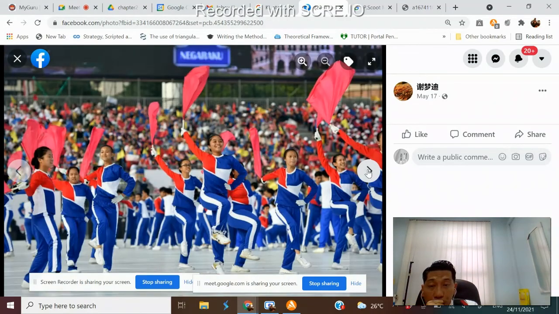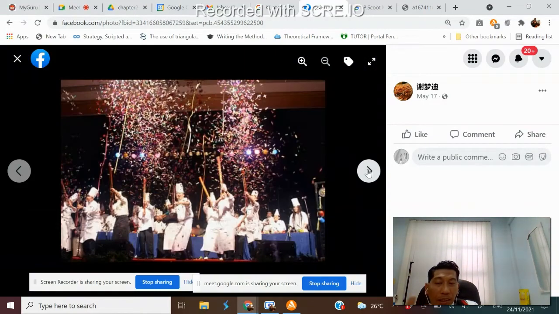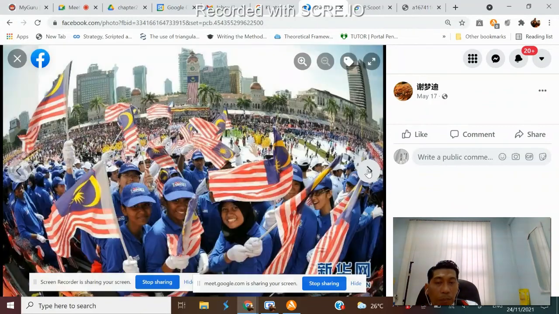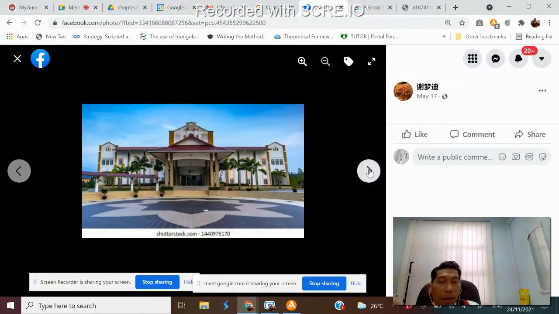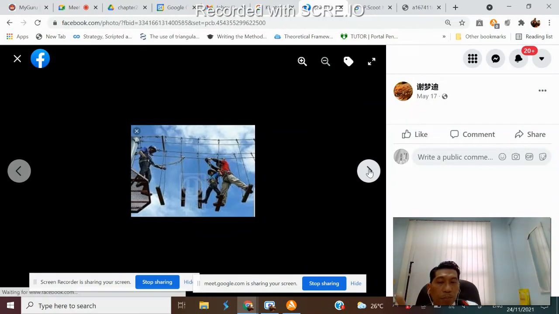Sketches of what you're planning to do, and this is some of the mood board so that you have an idea what you're planning to do.